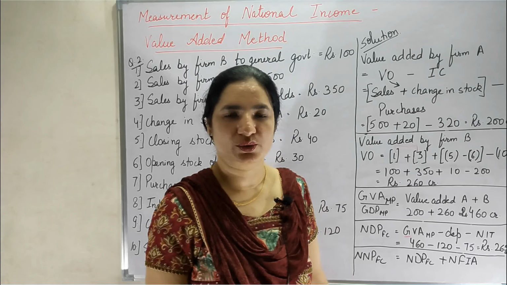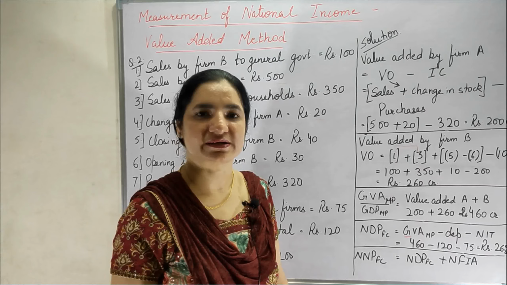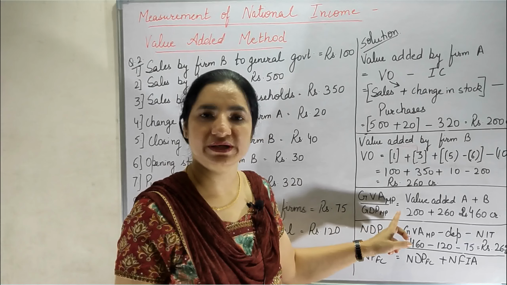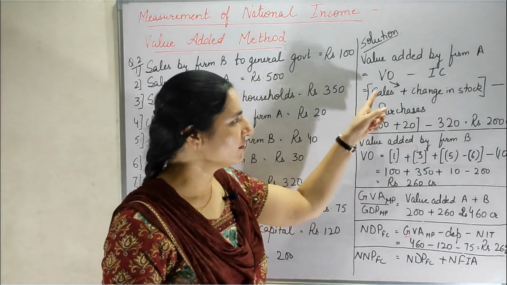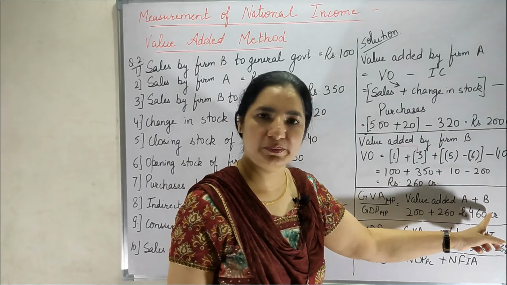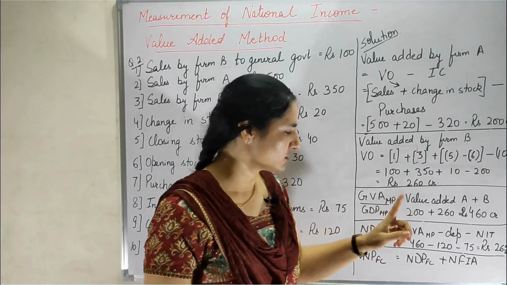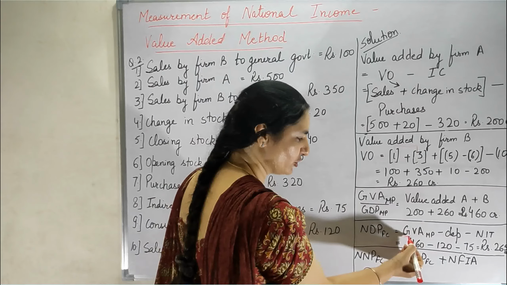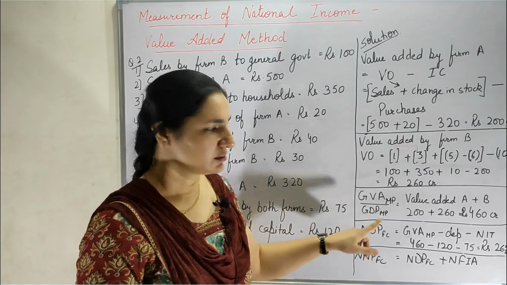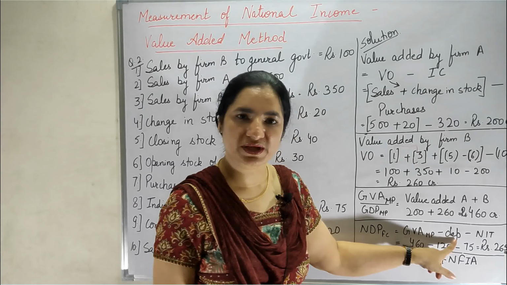Further, we are required to calculate NDP at FC, that is domestic income. We have got gross value added at market price by adding the value added by both the firms, value added by A and B, that is 460 crores. Now this value is at gross. We need to arrive at net. We will deduct depreciation from this.